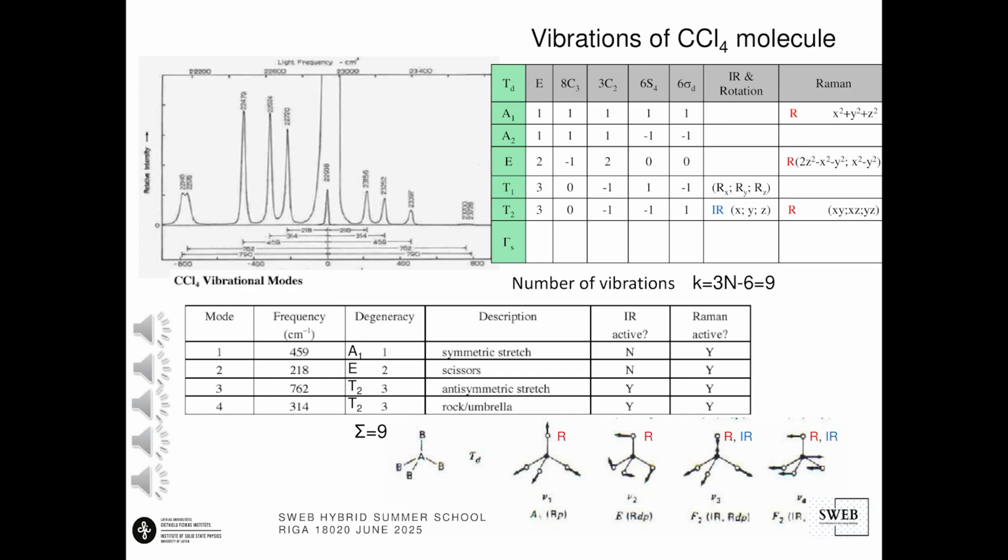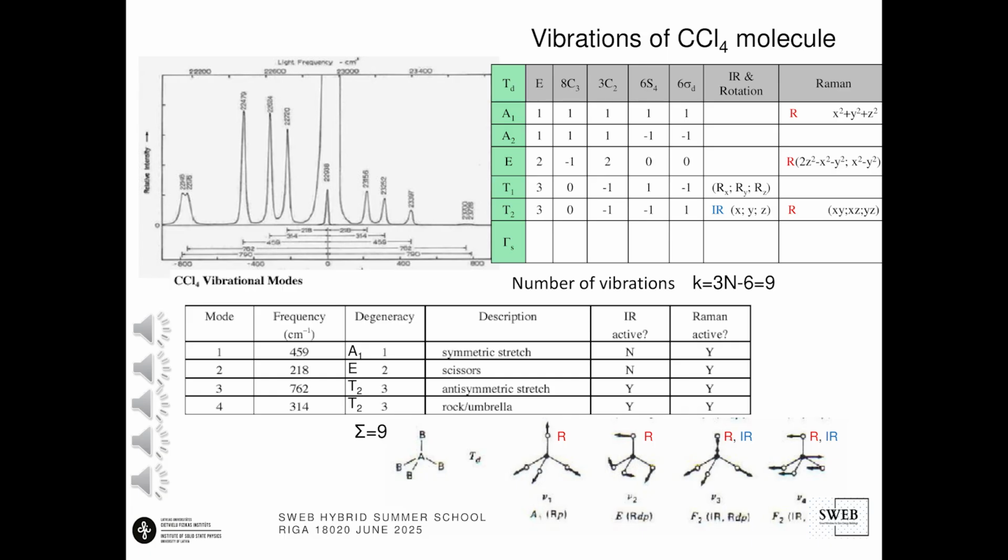The E-symmetry mode corresponds to 2 vibrations with the same frequency, and the T2 mode corresponds to 3 vibrations with the same frequency. As a result, 1A, 1E and 2T2 symmetry modes correspond to 9 vibrations of the molecule.